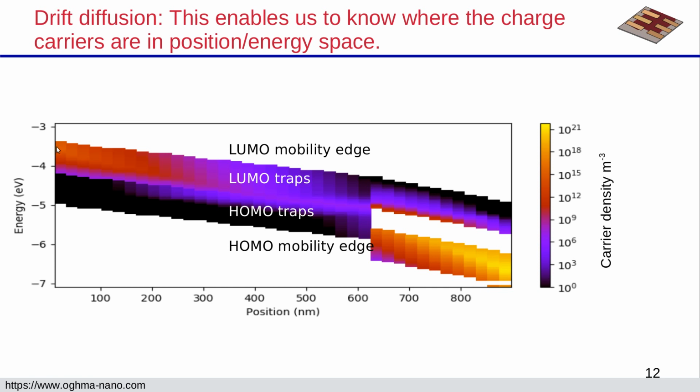So all these are trapped electrons, and here as well, and these are trapped holes. So we actually visualise the carrier population in our device, say a solar cell or whatever it is, both in position space, which you'd be able to do in a normal model, but in OghmaNano, you can visualise it also in energy space. And this is really incredibly important for accurately describing the device. I'm not going to go into it here, but there's another video on that.